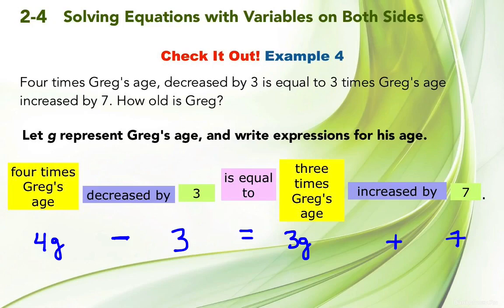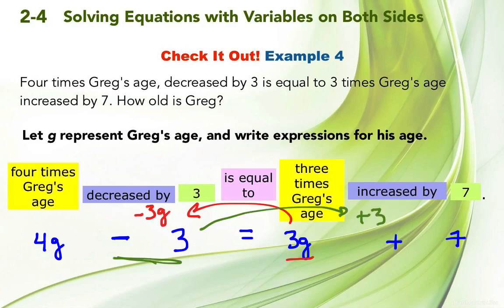So what I'm going to do here is move everything around. 3G is going to go over here and make a negative 3G. And this negative 3 is going to come over here and be a positive 3. So if I rewrite this, I'm going to have to write it small here. 4G minus 3G equals that positive 3 we brought over plus 7.